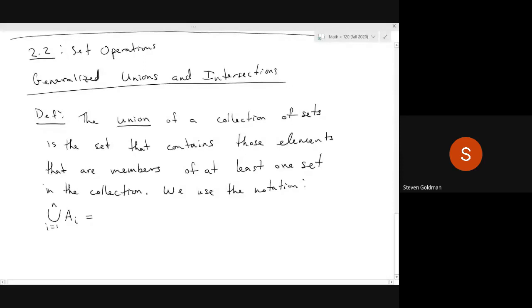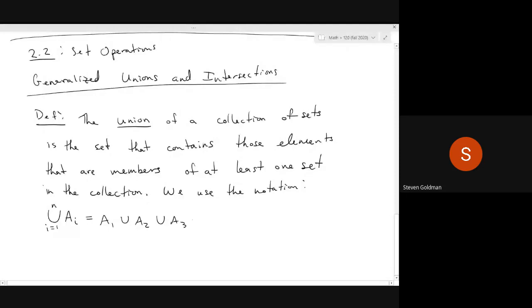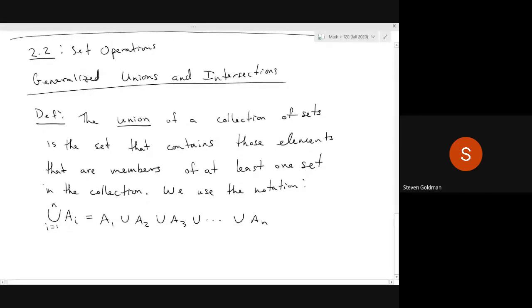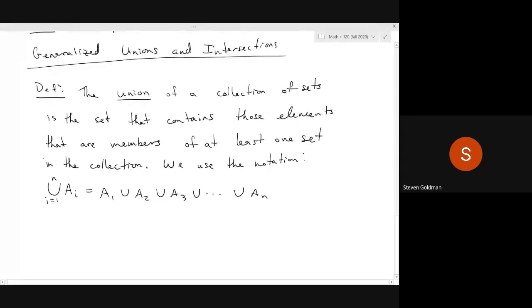That's equal to the union of the sets a1, a2, a3, etc., all the way up to a sub n. Meaning I'm plugging in 1 for i, and then 2 for i and 3 for i all the way up to n. So I start with the number on the bottom, i equals 1, and I go up to whatever the number on top is, n. So this is the union of the sets a1 through an, whatever those sets are.